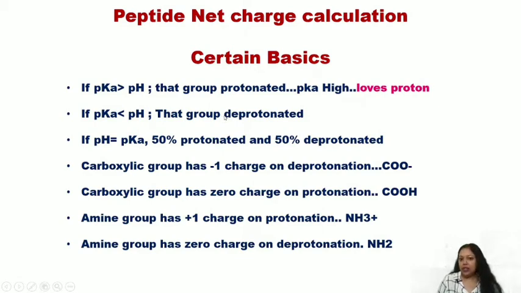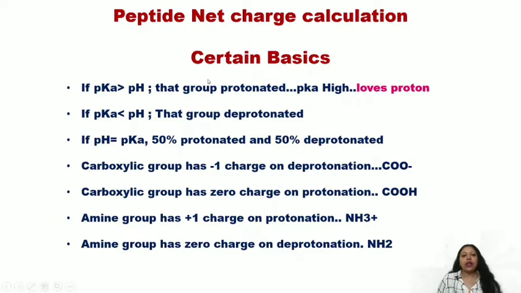The point to be noted here is that every amino acid has an R group, but not every amino acid's R group is ionizable. So in the net charge calculation of a peptide, only those amino acids will play a role whose side chain also ionizes.